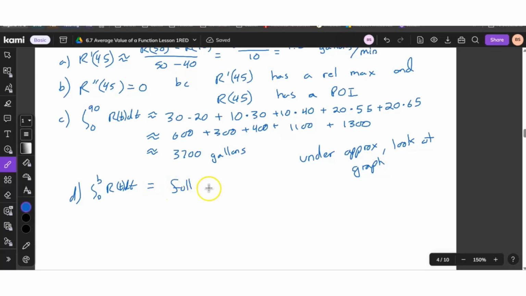So this is fuel consumption from 0 to b minutes.